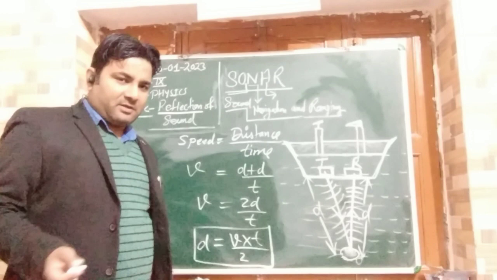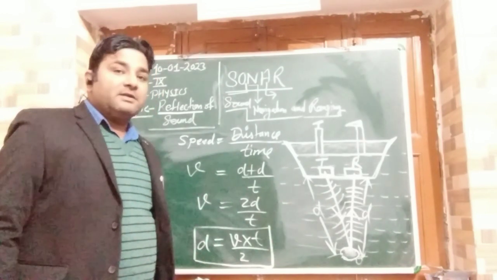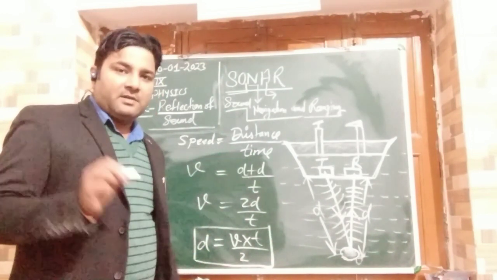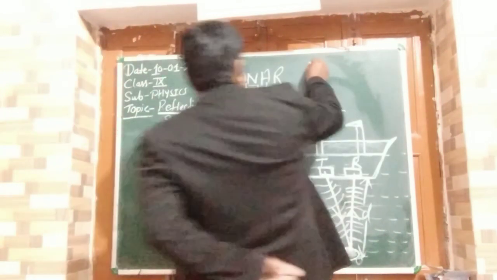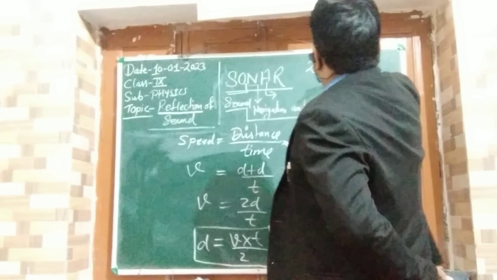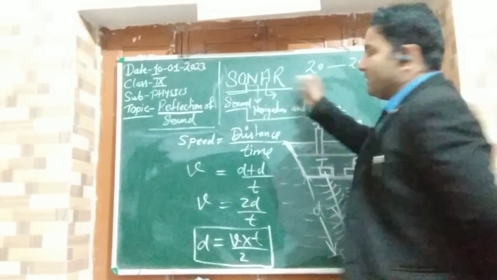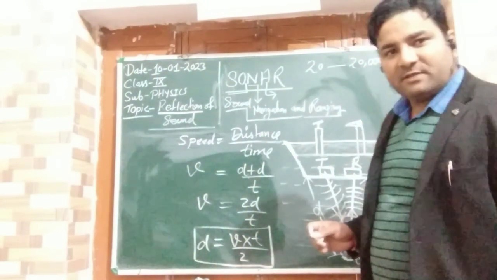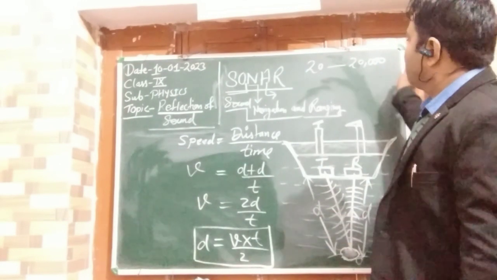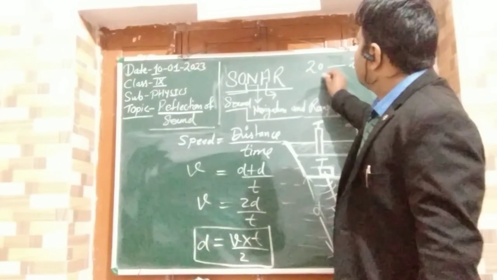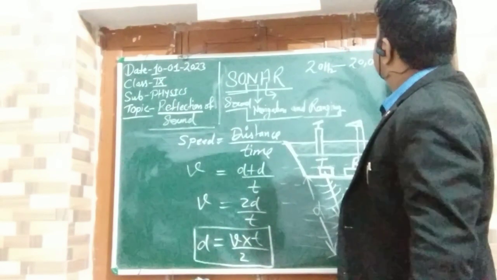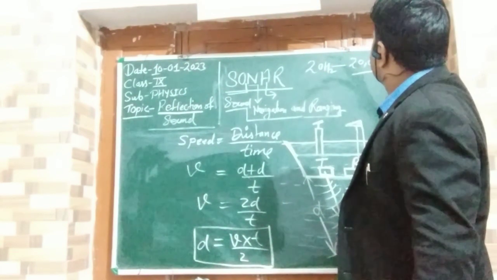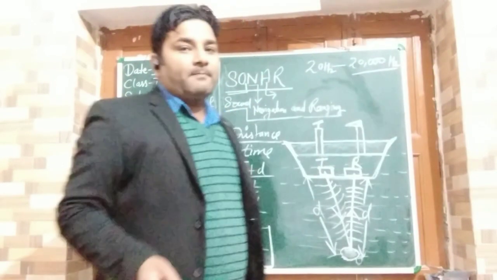So I was just talking about the range of audible sound, 20 to 20,000 hertz, and below 20 that is infrasound. The unit of frequency is hertz. And above 20,000 means ultrasound.